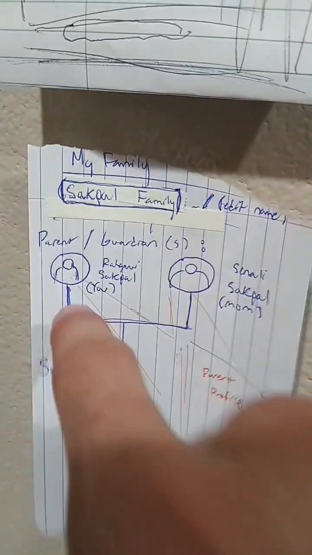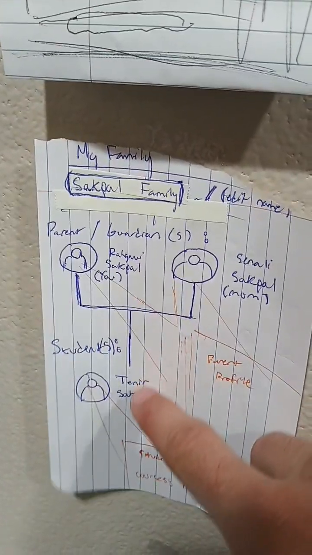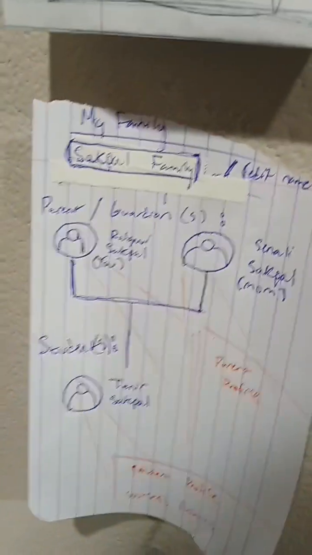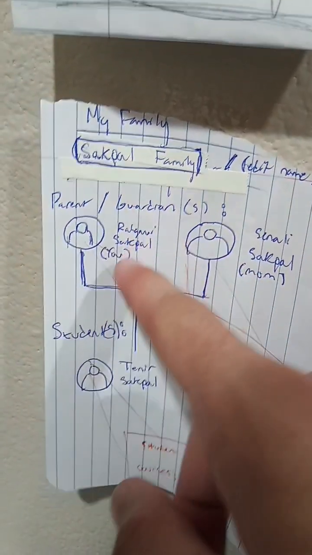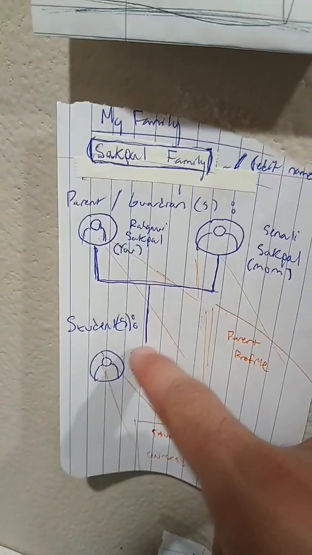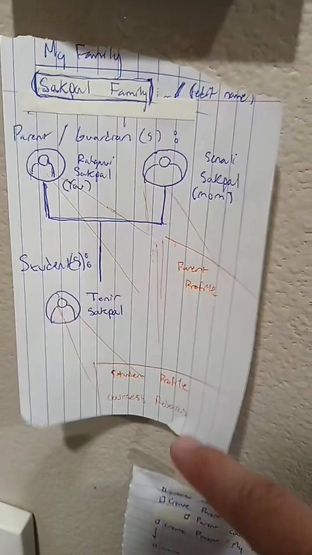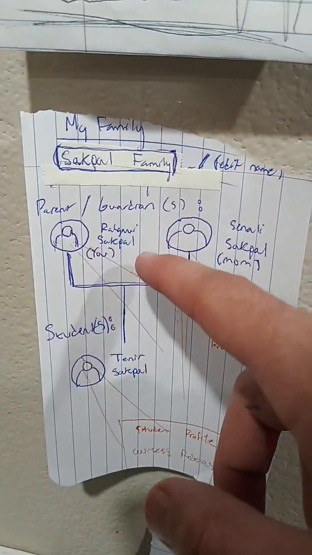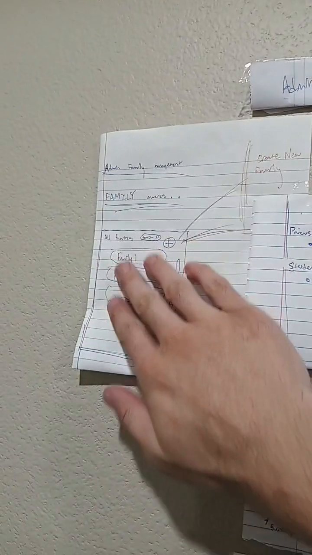My family could consist of the name, which they can edit, parent guardians, and then it could create a cute little tree visual. I just made up some names: the Sockball family, Orgavi and Sonali and Tanir. You click each, and they have little mini profile modals. This is exactly what I'm imagining to be replicated in admin family management. Family 1, click it, and it ends up right here. So these should all relate a lot.